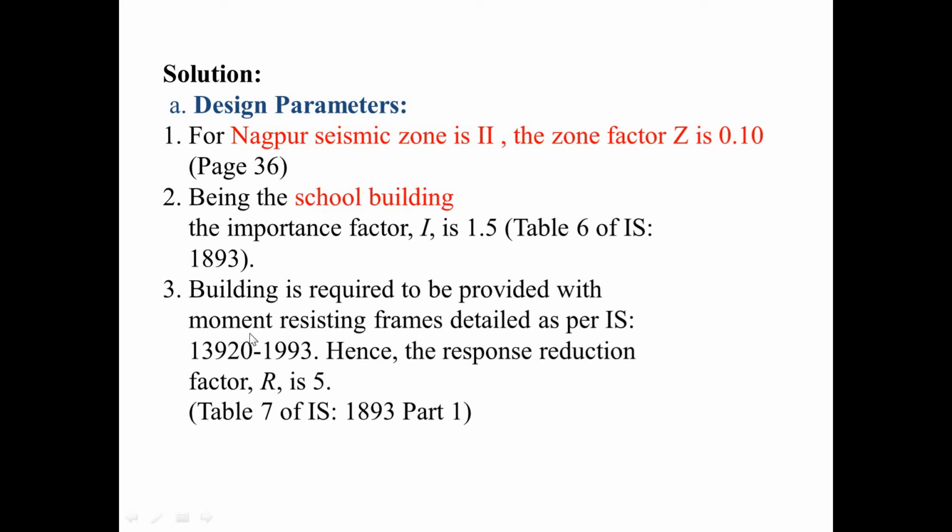This code is also applicable in our syllabus, so by using this code we will see how to do the detailing of the reinforced concrete structure. Hence the response reduction factor R is equal to 5, which is available in table number 7 of IS 1893.